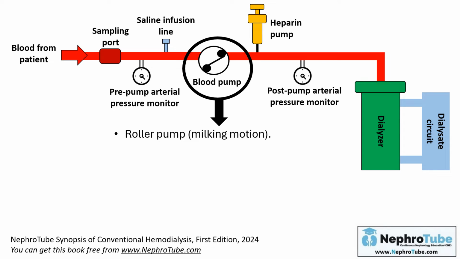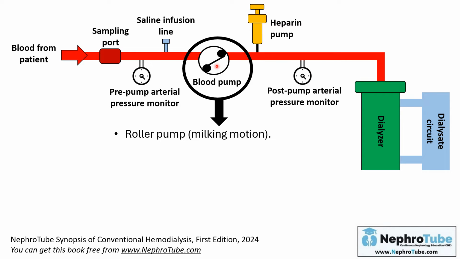Then after the pump occludes the arterial segment, the pump draws this obstructed segment forward. So the pump is rolling forward, compressing part of the arterial line, then moving it forward, causing what is called the milking motion.